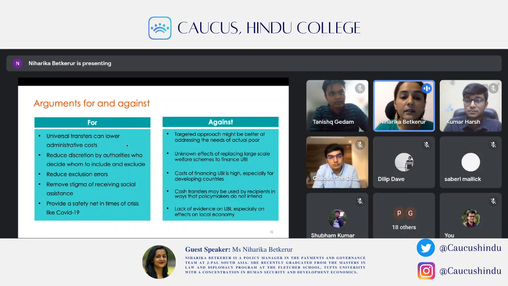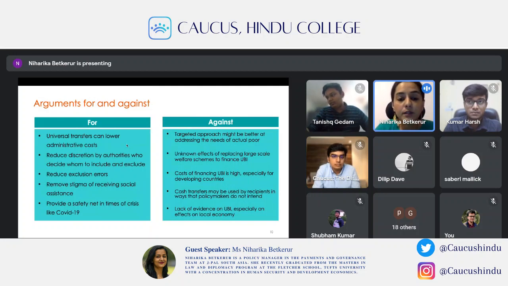And related, it reduces exclusion errors by the fact that everyone gets it, so it doesn't exclude anybody. It can also remove the stigma of receiving social assistance. For some people, it might be a matter of shame to go and apply and receive government assistance. But when everyone is getting it, that stigma would be reduced.